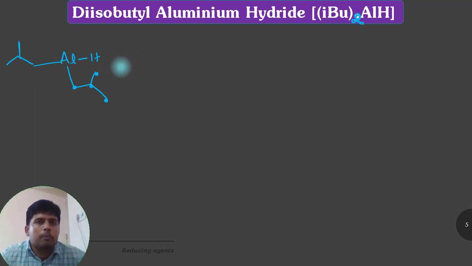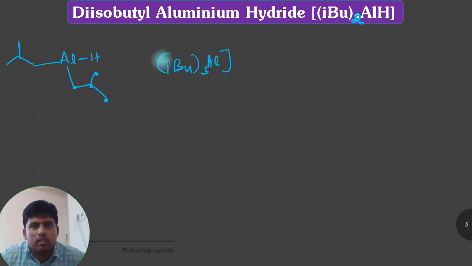Now the preparation. When we look at the preparation, it's not very difficult. We use triisobutyl aluminum, which generally exists as a dimer.